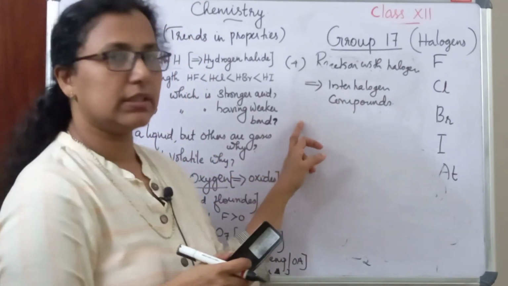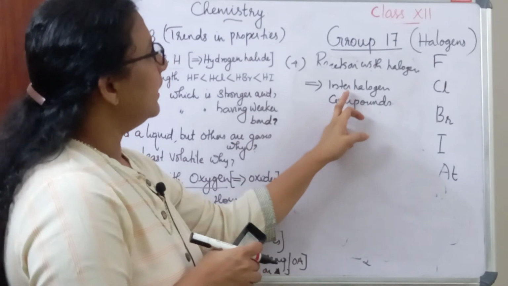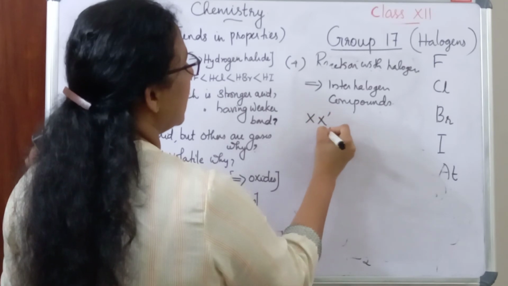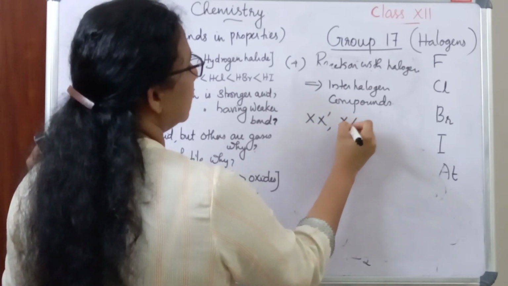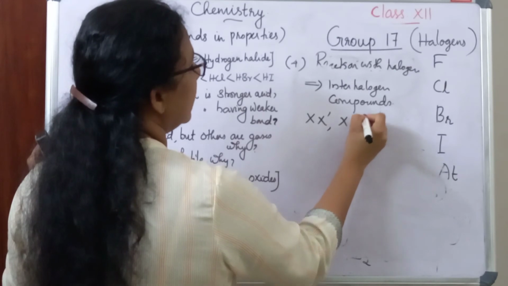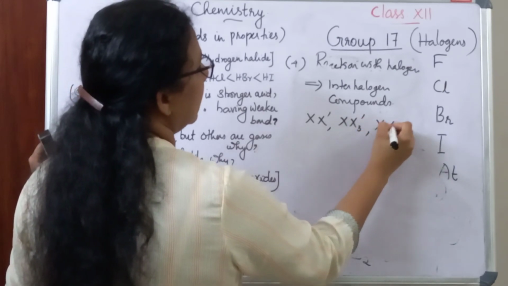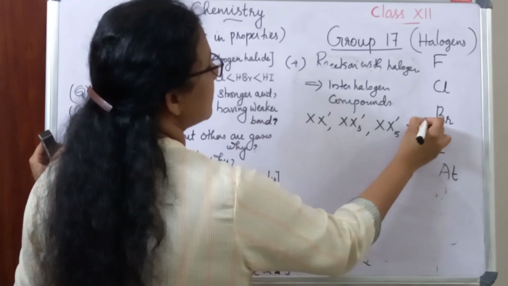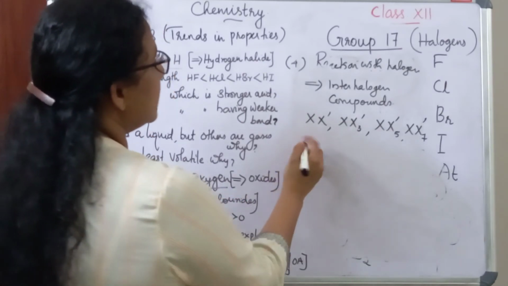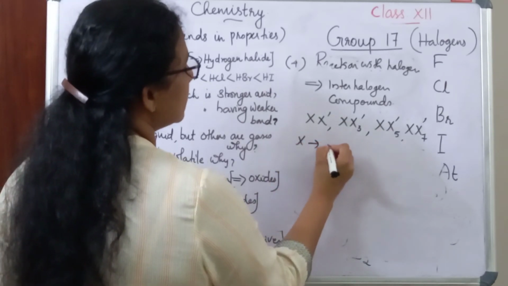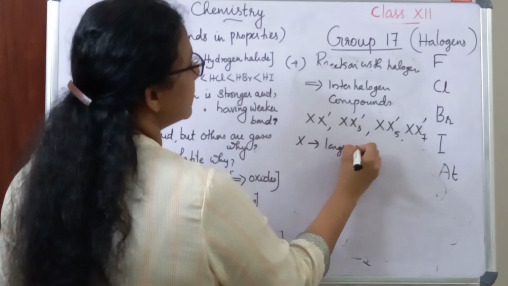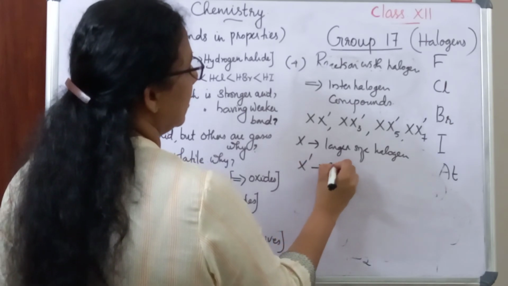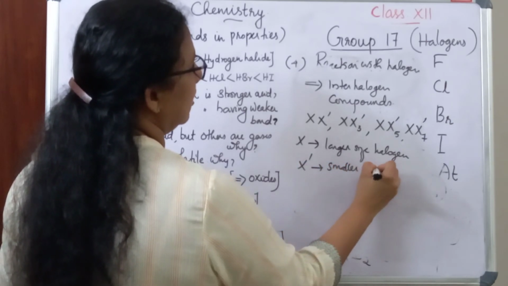One halogen reacts with another halogen to form interhalogen compounds of the type XX', XX'3, XX'5, XX'7, etc. Here X is a larger size halogen and X' is a smaller size halogen.